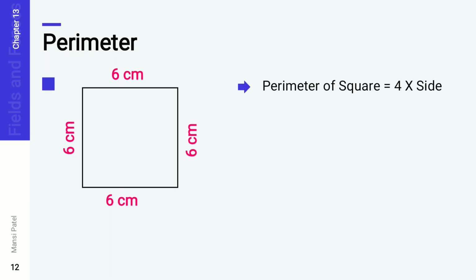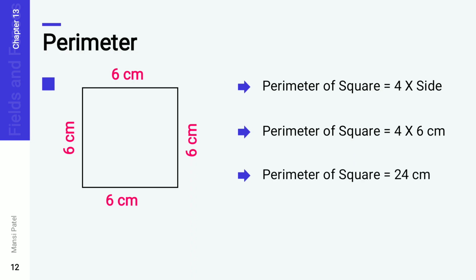So we can say that the perimeter of square is equal to 4 multiplied by side. So you have to write down perimeter of square is equal to 4 multiplied by the measurement of one side, that is 6 centimeter. Do the multiplication. 4 6s are 24. So the perimeter of square is equal to 24 centimeter.